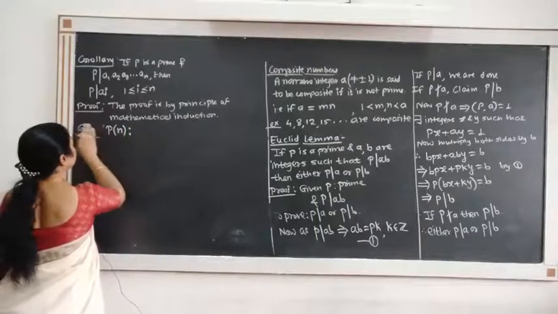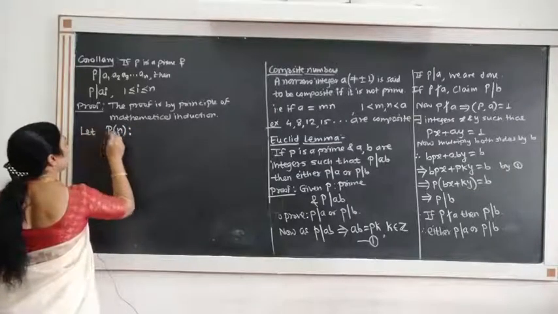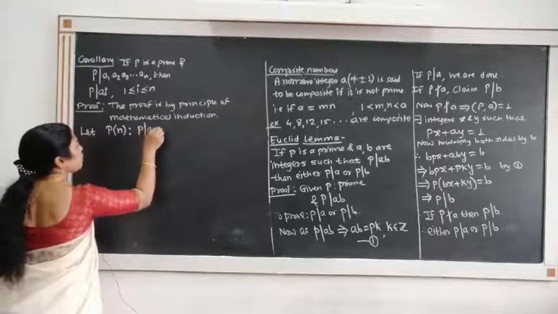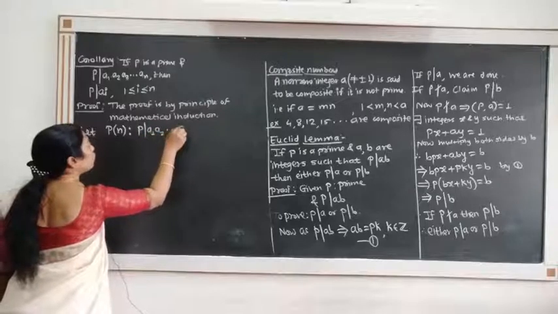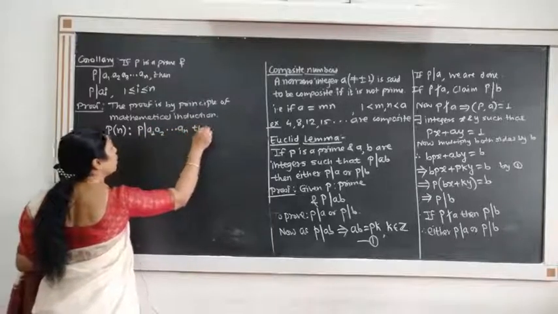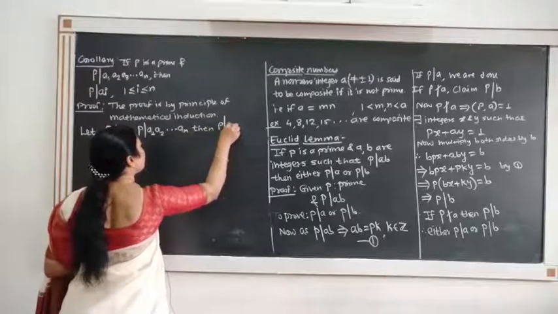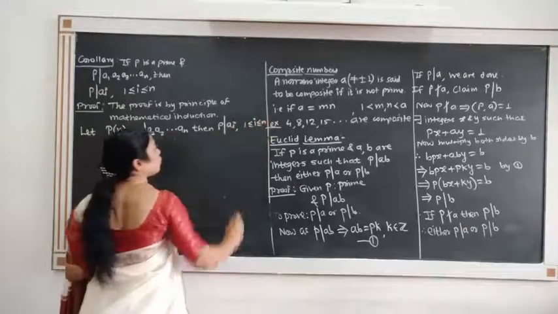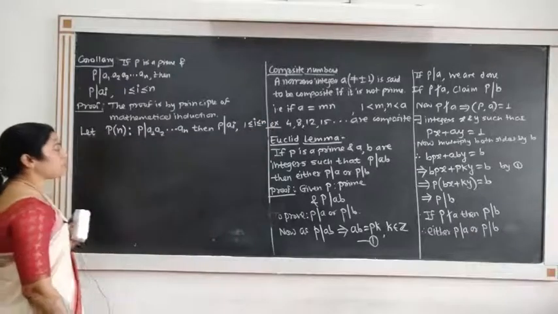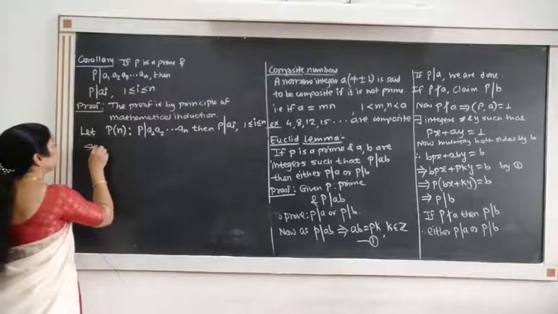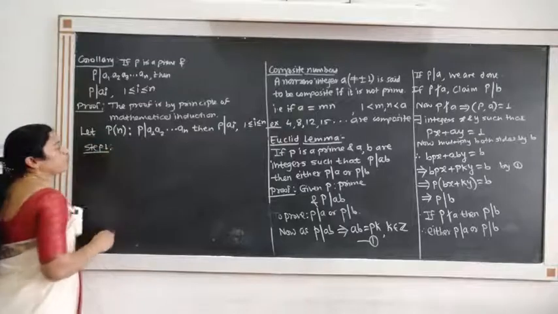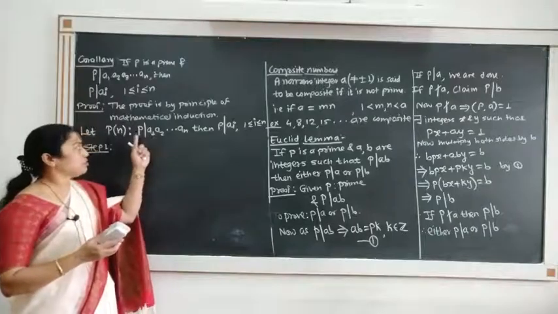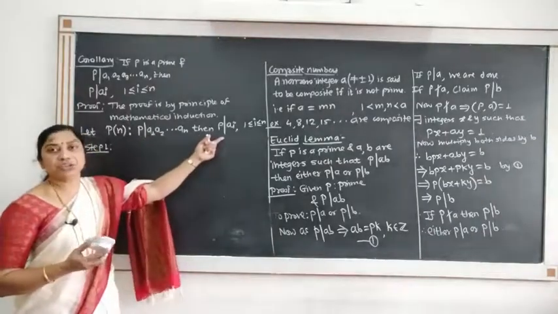Pn is nothing but: if P divides A1, A2, dot dot An, then P divides at least one Ai, 1 less than or equal to i less than or equal to n. This is our Pn statement. Now step 1. If you take n equal to 1, the result is very obvious. P divides A1, so the result is obvious.